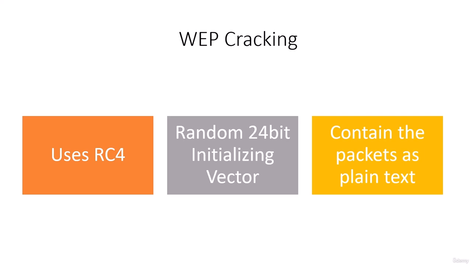Once we have two packets with the same initializing vector, we can use a statistical attack to determine the key stream, and after that determine the WEP key. So from the above we know that the more IVs, or initialization vectors, that we collect, the more likely we will be successful in cracking the WEP key.